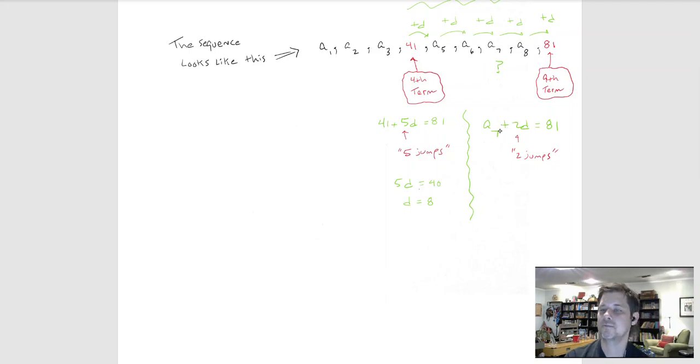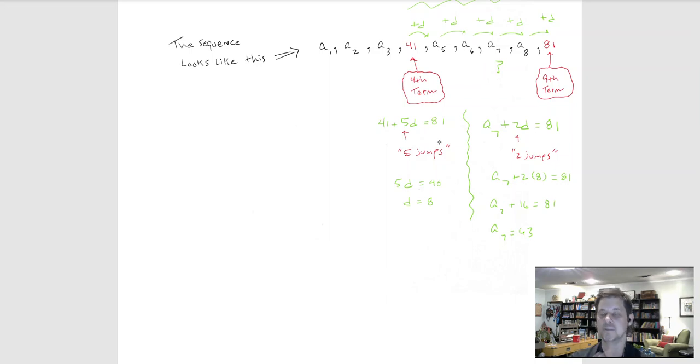I want to solve for the 7th term, so let's see. I'm going to go ahead and put the fact that I know that d is 8, so 2 times 8, and then I get 81. And then I get the 7th term plus 16 equal to 81. Then I'll subtract 16 from both sides, and I'll get 81 minus 16, 63.